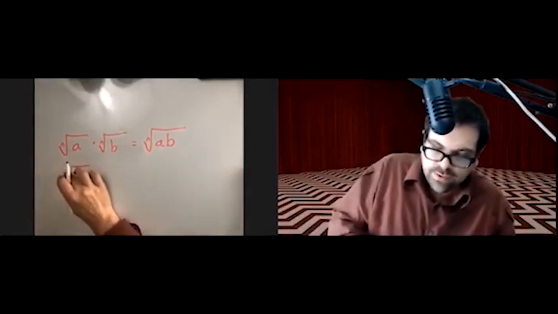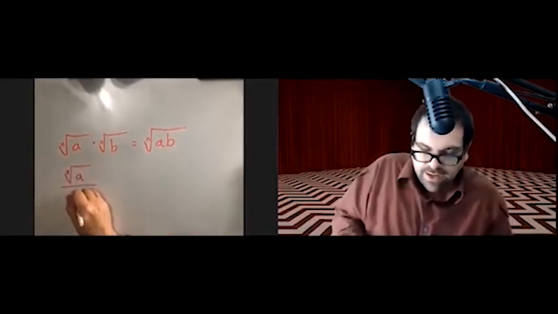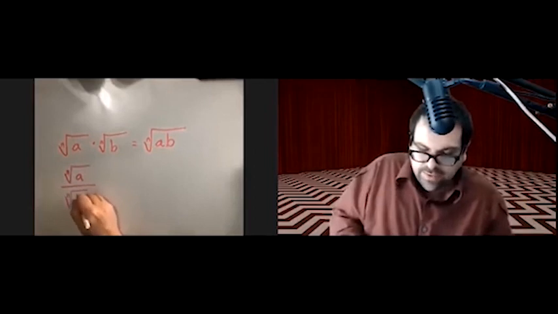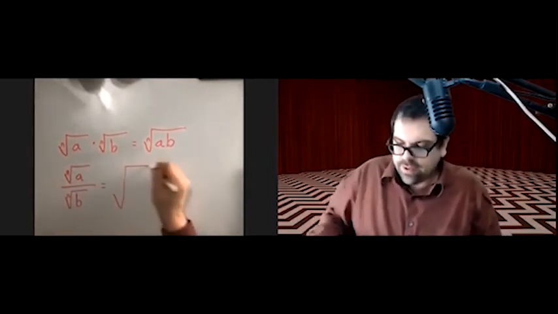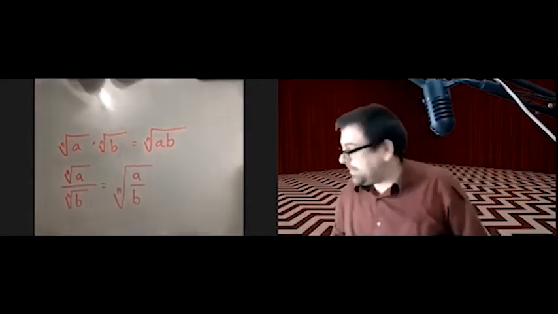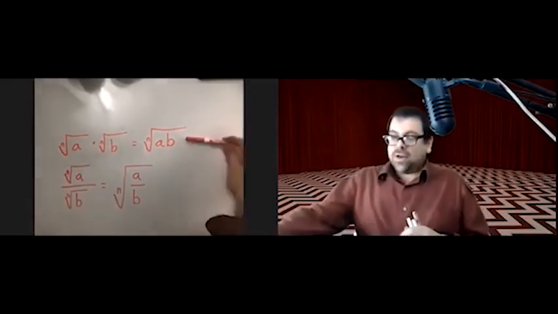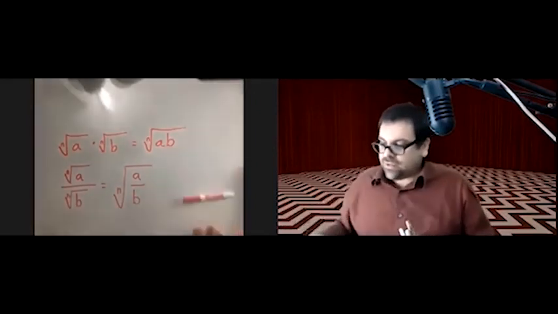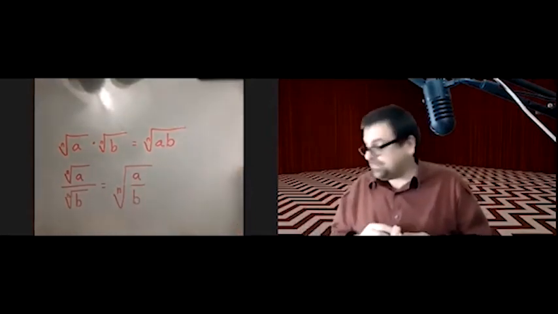Likewise, the nth root of A divided by the nth root of B is the nth root of A divided by B. It's the product property of radicals and the quotient property of radicals.